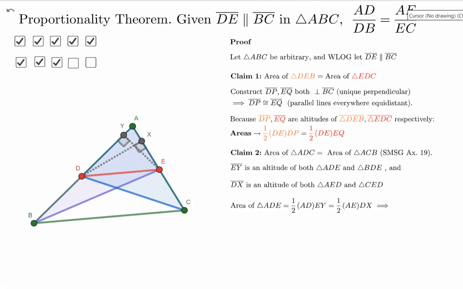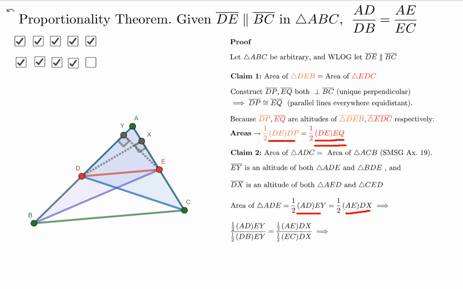Okay, and then, like I said, we're going to divide through by this value. And we can divide through by the one in orange on the left side of this equation and the one in red on the right side of this equation. But we're going to write those slightly differently.